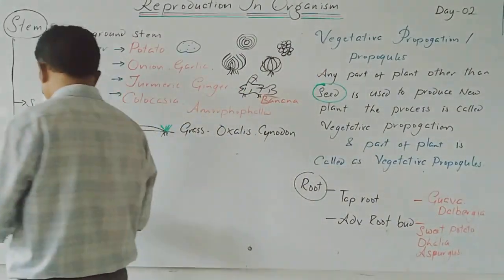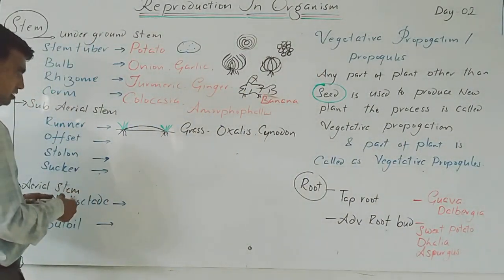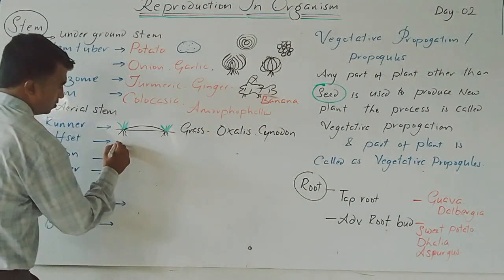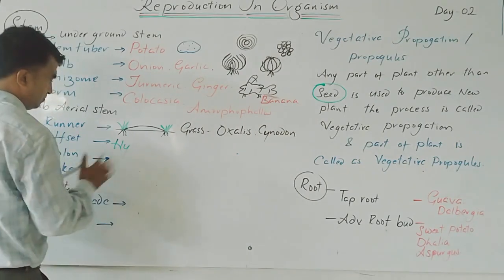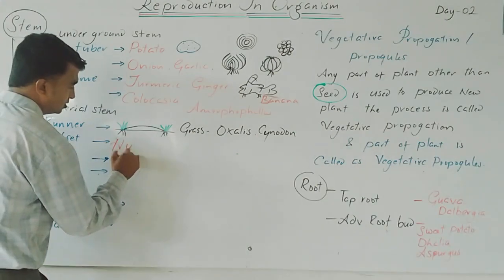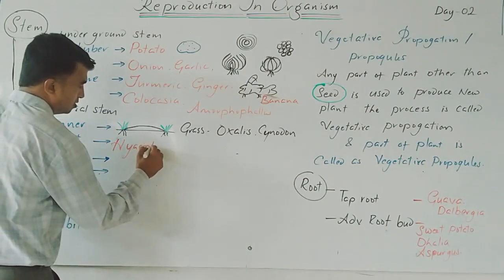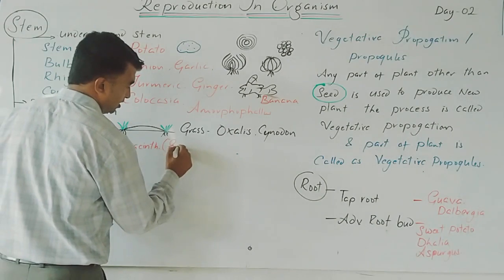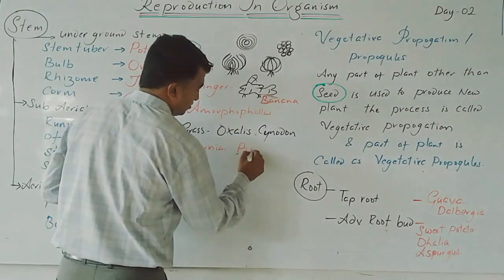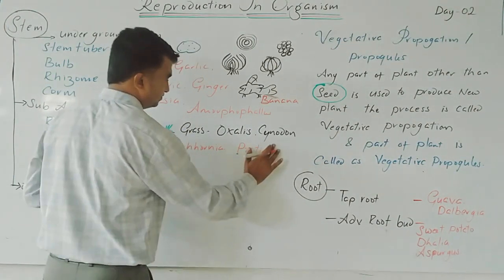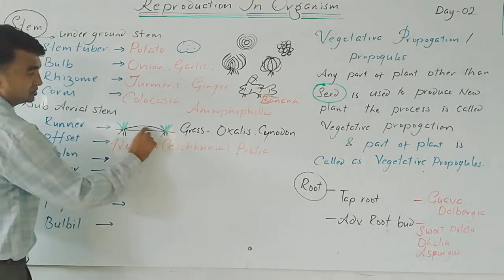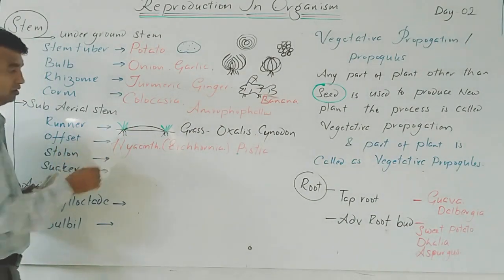When you take the offset, the example is water hyacinth, also called Eichhornia. The difference between this and the runner is that the length of the internode in a runner is variable.